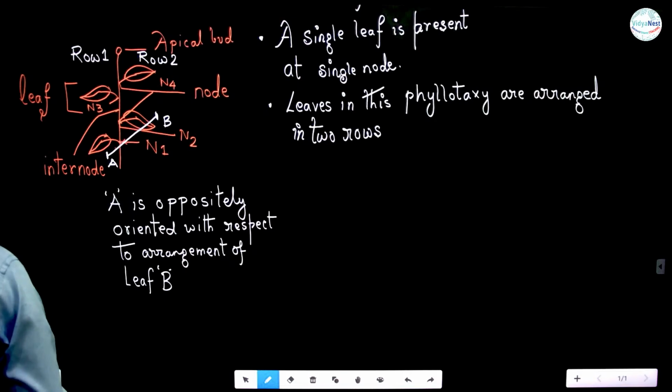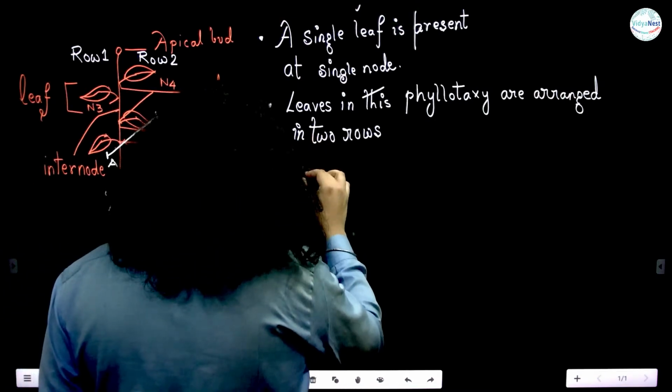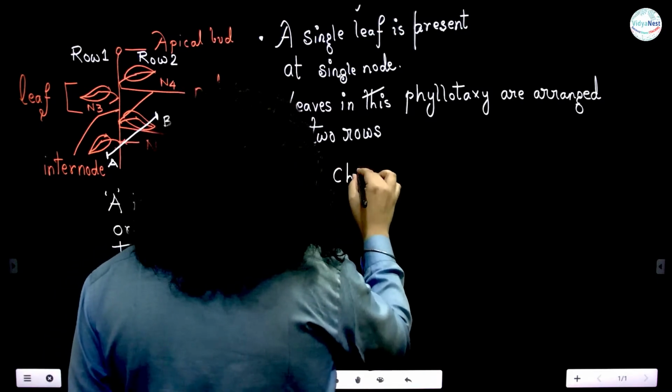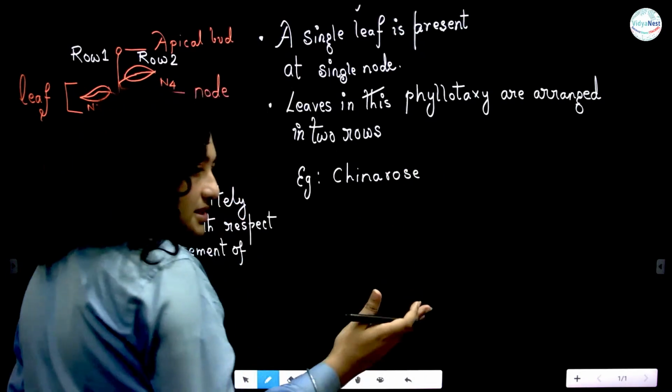So where do you find this type of leaves? It is found in many plants. One of the common examples is China rose. It is a hibiscus plant.